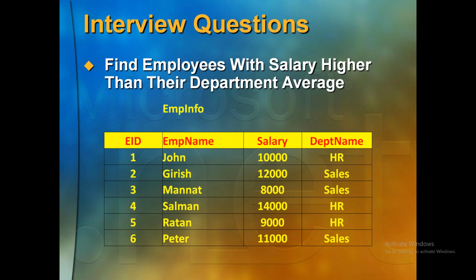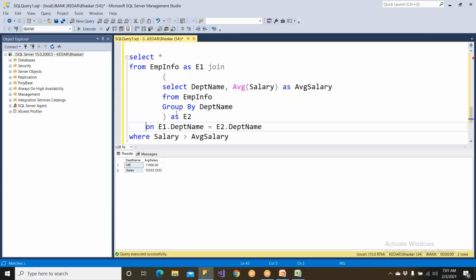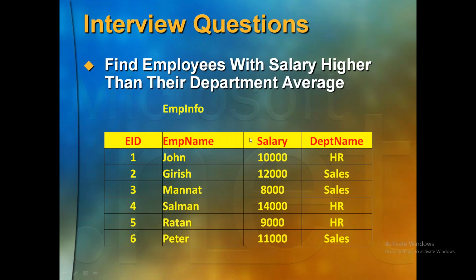Then again, you need to join this table with the original table called employee info. So that is how you should be able to do this. Clear? So then you write a condition salary is greater than average salary. So these are a few beautiful interview questions asked in recent interviews. Please make sure that you practice these queries without fail.